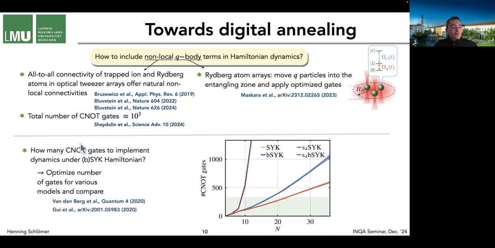Okay, so I guess the question is, how many CZ gates do we need to implement to really study the dynamics of the bosonic SYK Hamiltonian? And for this, we optimized the number of CZs using standard techniques for all of these different types of SYK models. So the full fermionic one, the bosonic one, and then also some sparsified fermionic SYKs and the sparsified bosonic SYKs.